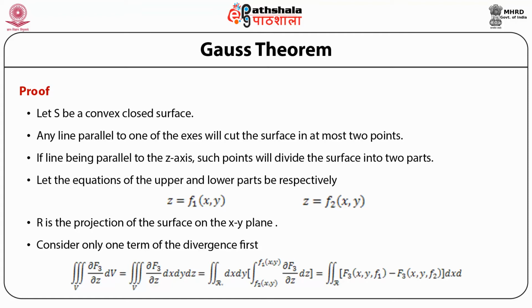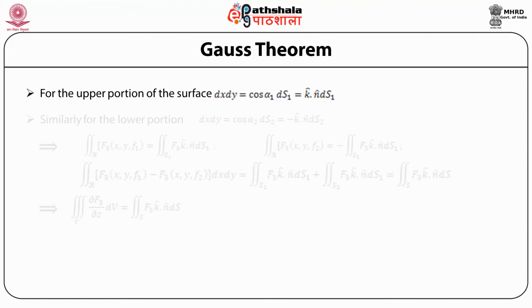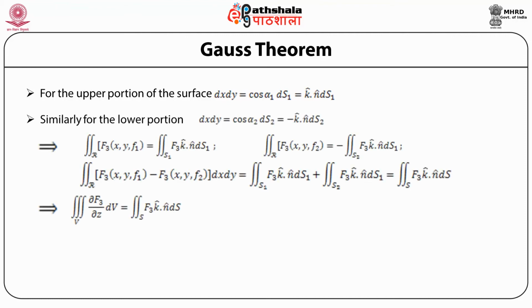For the upper portion of the surface, dx dy equals cos alpha 1 ds1, which equals k cap dot n cap ds1. Similarly, for the lower portion, dx dy equals cos alpha 2 ds2, which equals minus k cap dot n cap ds2.